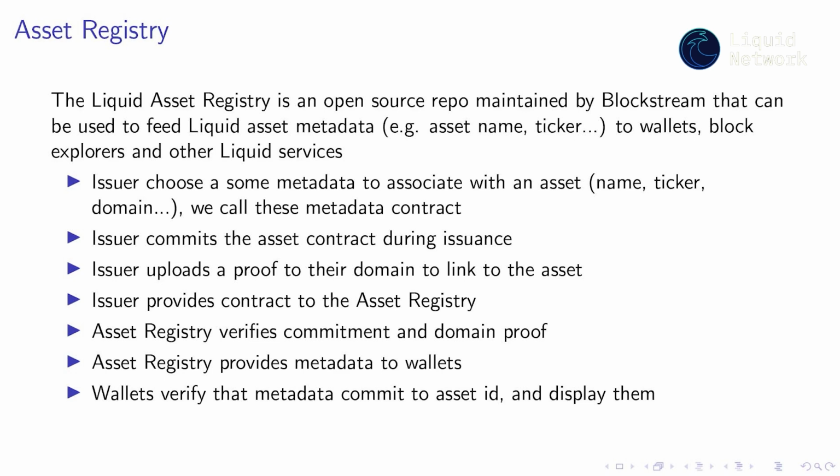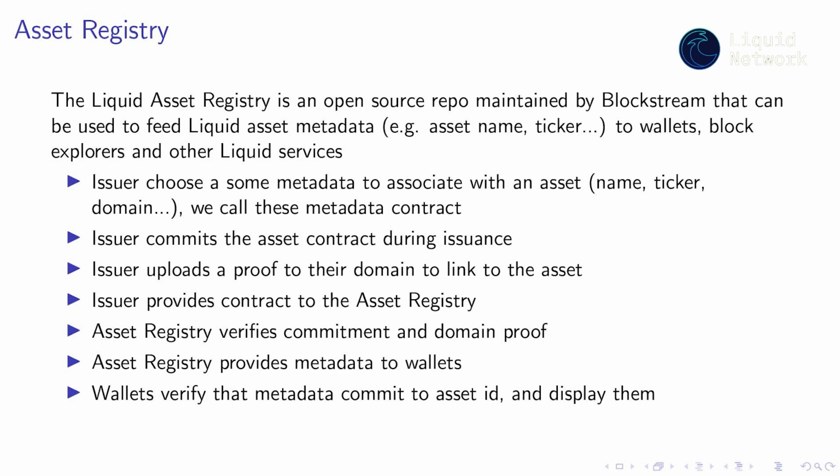So you can associate some extra information to it, as you saw yesterday, and you do that at the issue phase. You decide a name, a ticker, a domain of the issuer, and you commit that to the issuance. By doing so, you commit that to the asset ID itself.